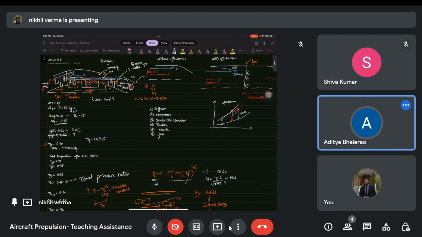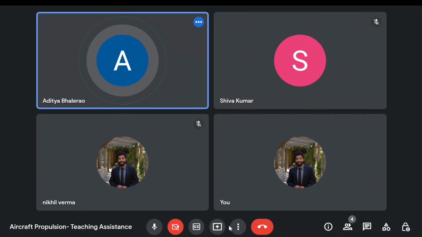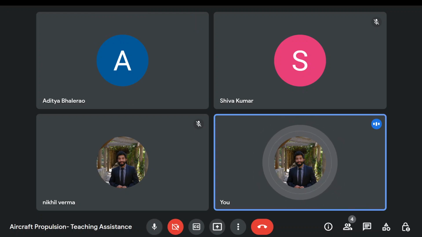Sir, not related to today's session, but after the total overall course, will we be able to publish a research paper on some topic related to this, or does it require further advanced knowledge? You will get advanced knowledge, but for a research paper I am not sure, because what you are learning now is already there.